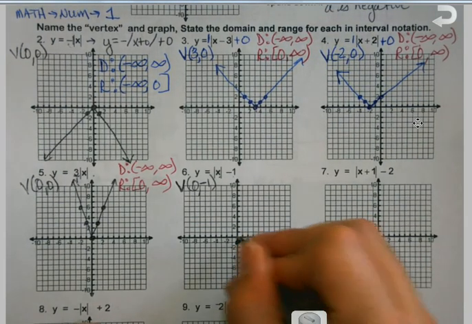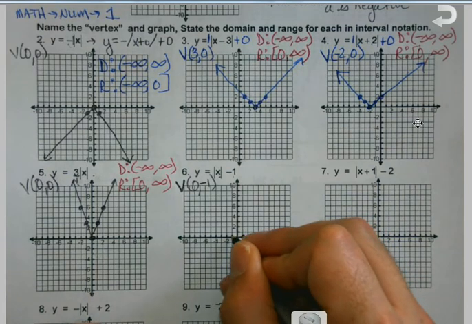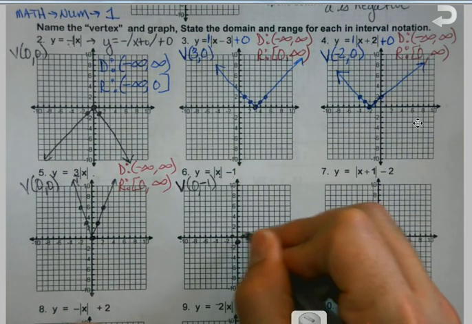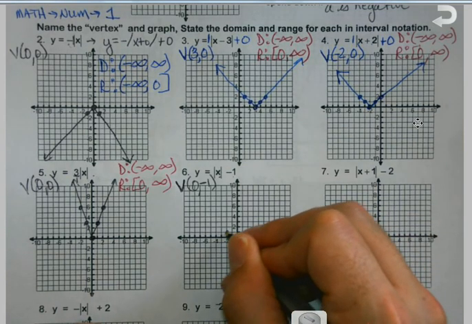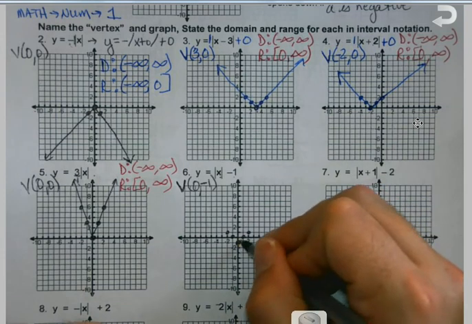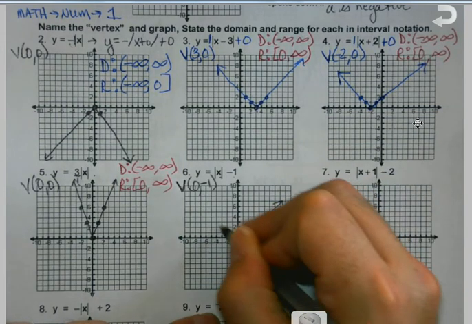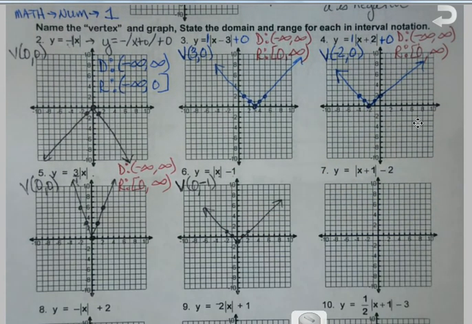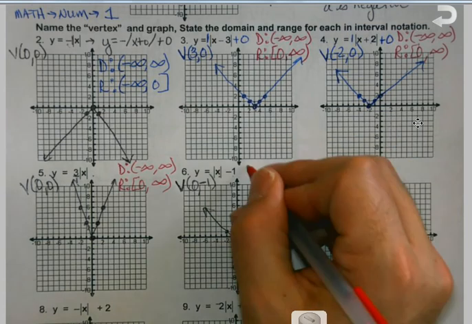So we go up 1 right, up 1 left. Draw it out. I'm like, this is pretty cool so far. It's not bad.